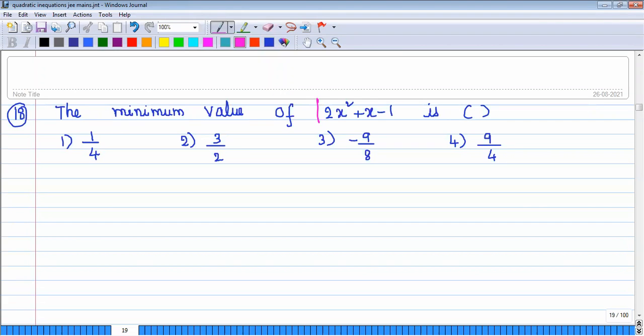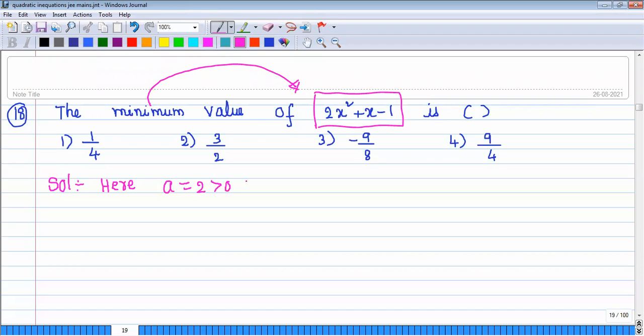So now this is the given expression. The minimum value of this function we need to find out. Here the coefficient of x square, a equals 2, which is positive, b equals 1, c equals minus 1.